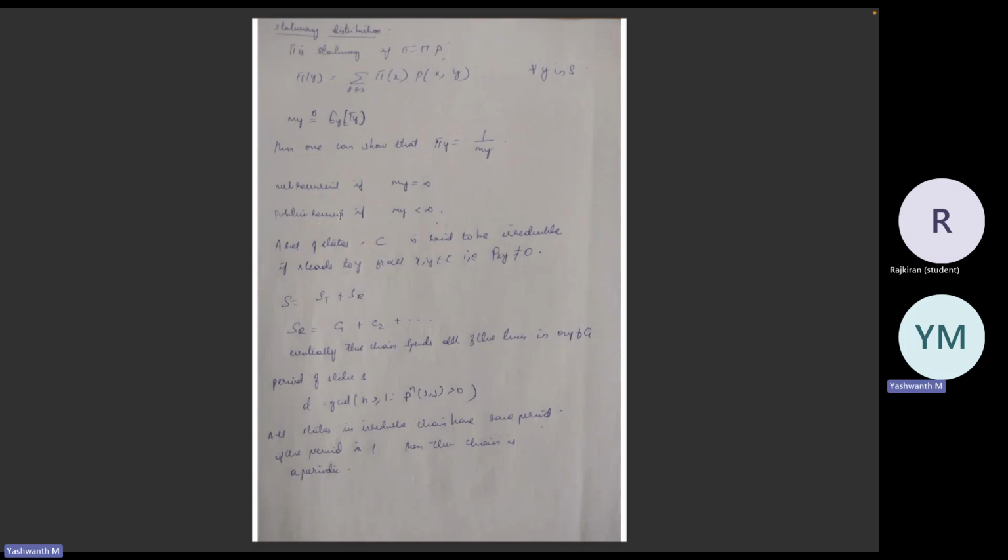Positive recurrent, that is less than infinity. So by definition you can see, intuitively it explains that a finite chain cannot be null recurrent, right? Because you end up visiting all the states, right? Typically this will come only for infinite chains.